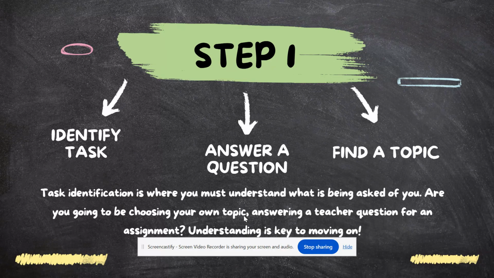Some teachers like to provide a list of topics, while other teachers let you have free range. So it kind of depends. Task identification is where you must understand what is being asked of you. Are you choosing your own topic, answering a question? Understanding what you are looking for is the first step, which makes sense.